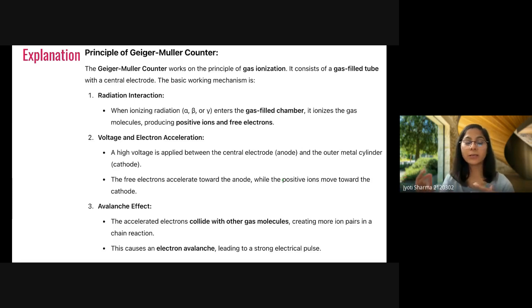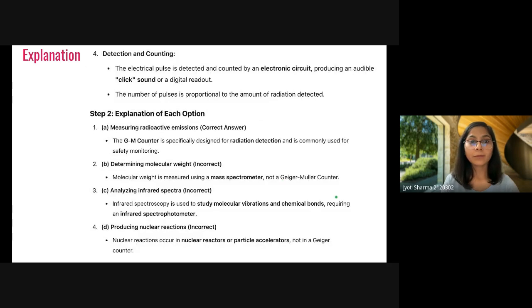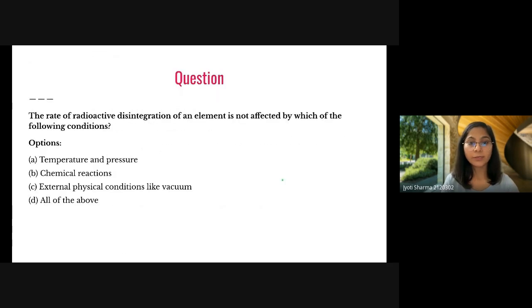This is the basic principle, you can read anywhere. And this will tell you whether your element is radioactive or not, and how much radioactivity it has, right? So I'm not going into detail about this, but you can read.